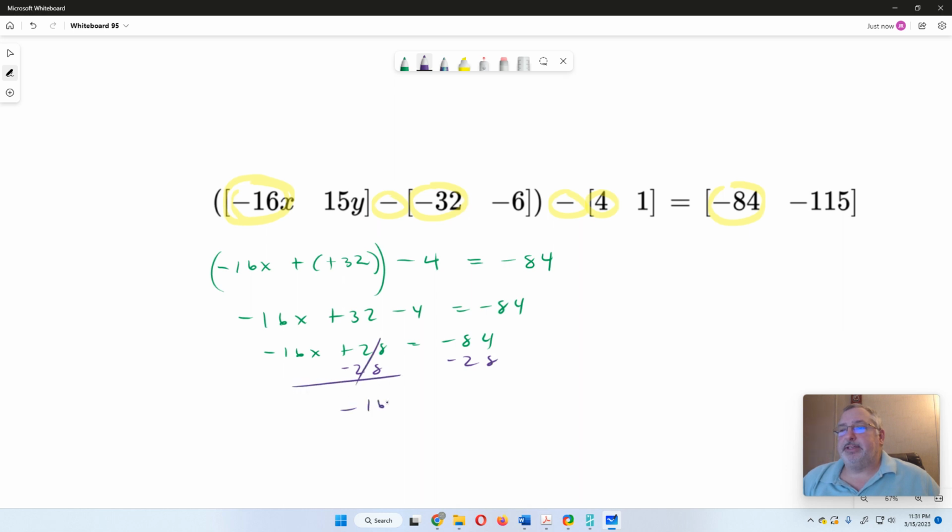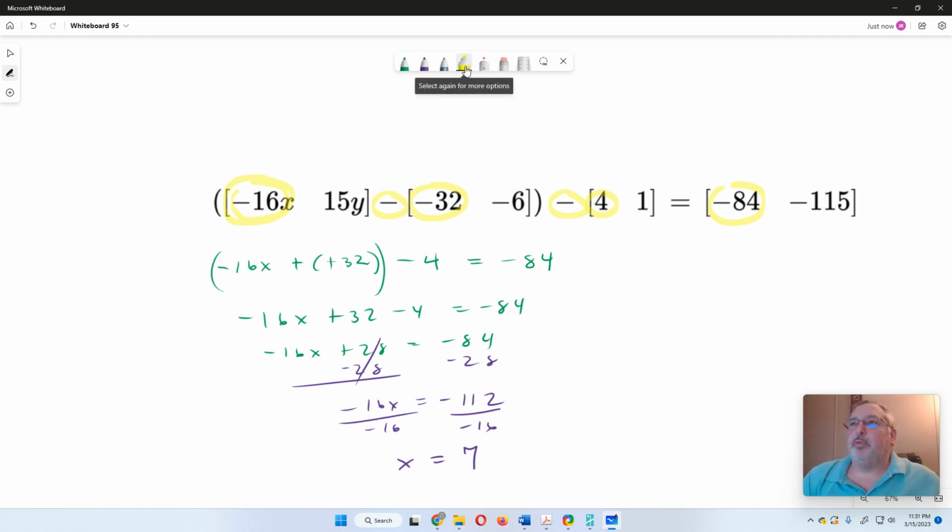That gives me negative 16x equals negative 112. And if we divide by negative 16, we get that x equals 7. So double check your work on that. Make sure you're going position to position, and then write your equation down, then solve it.